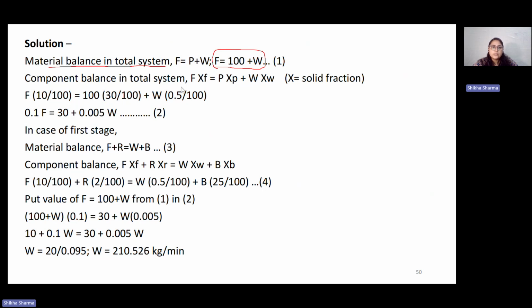Now the component balance in the total system would be F times XF equals P times XP plus W times XW.